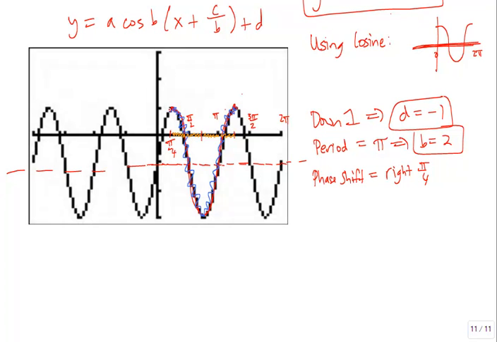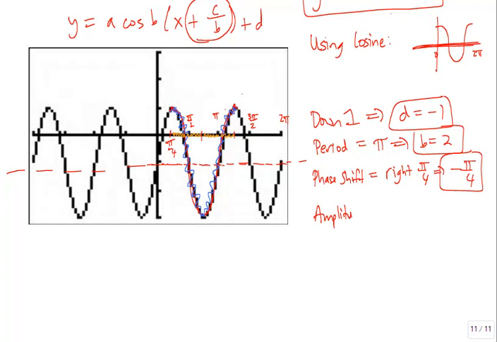It started shifted over. So if we want to go right pi over 4, then that means right up here inside our parentheses, we need to be seeing a minus pi over 4 in those parentheses, where that c over b is. If you want it to go to the right, you have to use a minus in front, because remember, opposite signs.